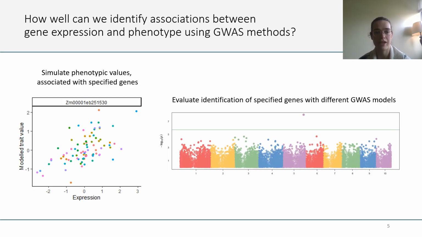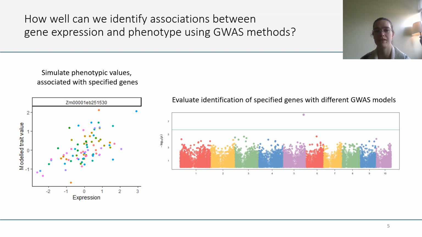So what we want to find out in our study is how well we can identify association between gene expression and the phenotype using GWAS methods. For that, we are simulating phenotypic values in a way that we know with which genes they are associated, so that we have a ground truth that we can test for.